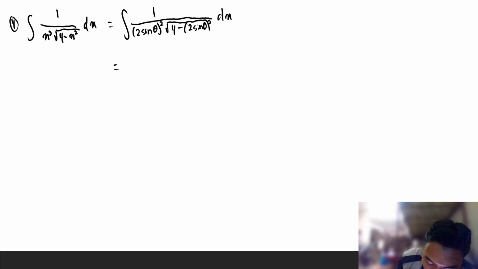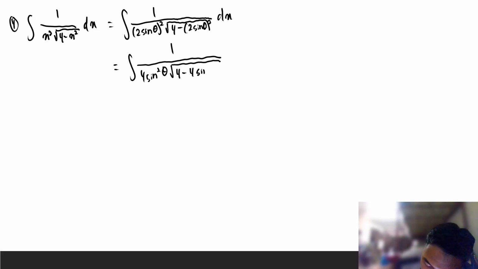Next, solve the square, so it will become 1 over 4 sine squared theta, square root of 4 minus 4 sine squared theta.